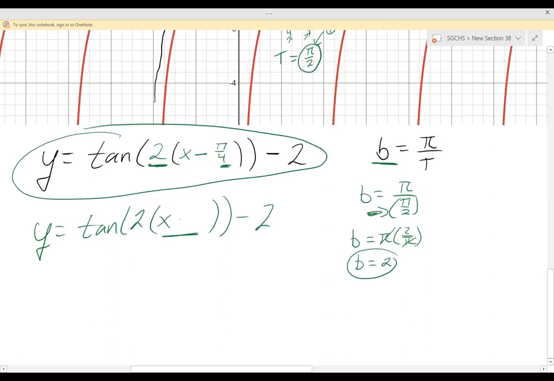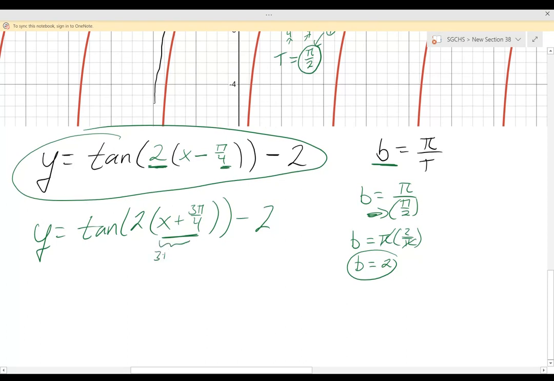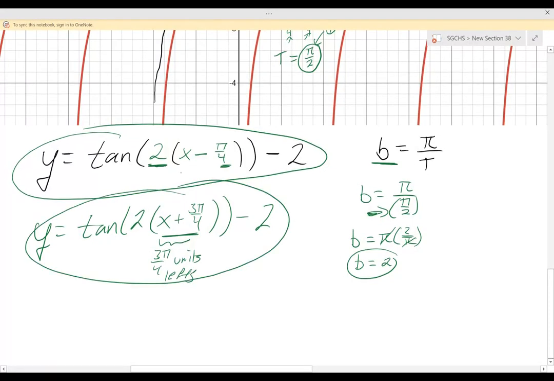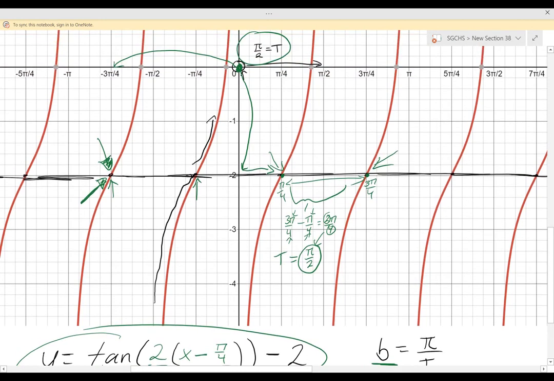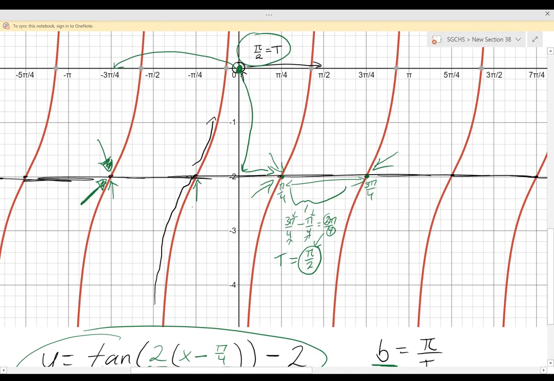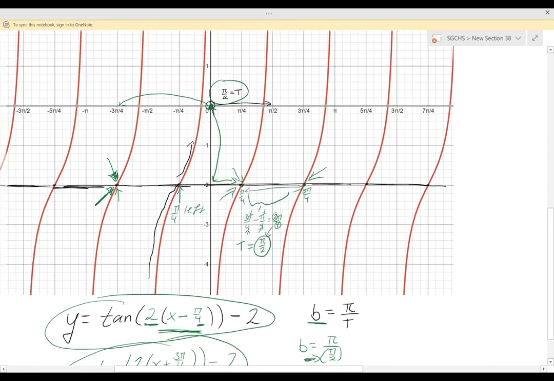So we could also represent this equation as plus 3 pi over 4, because this is 3 pi over 4 units left. And they would give you the same solution. Some questions might actually ask you to give the smallest possible phase shift. Our smallest possible phase shift would either be pi over 4 units to the right or pi over 4 units left, depending on which one you want to choose.